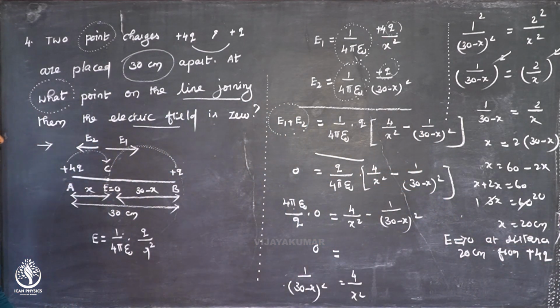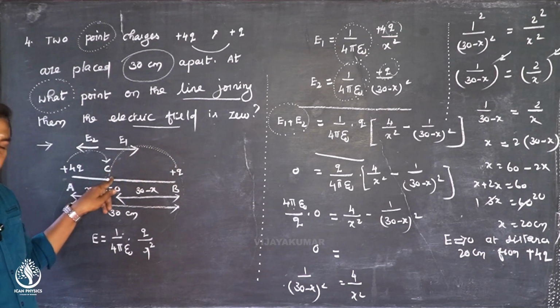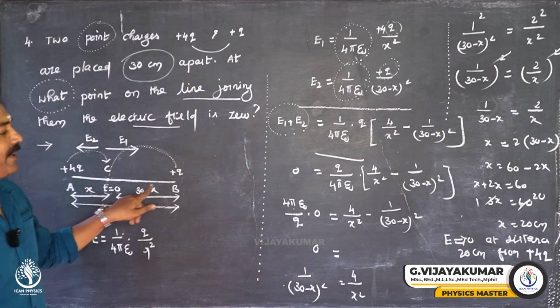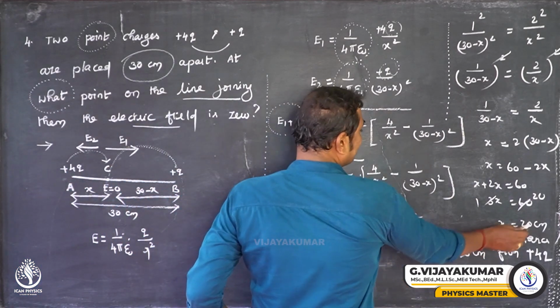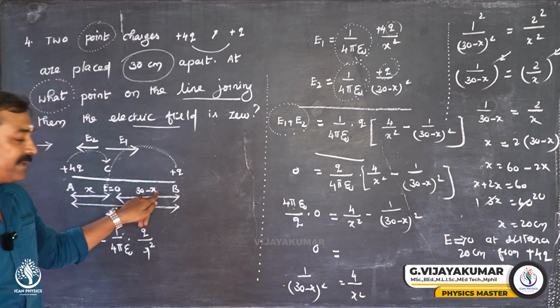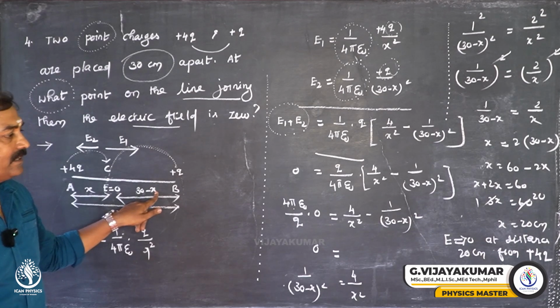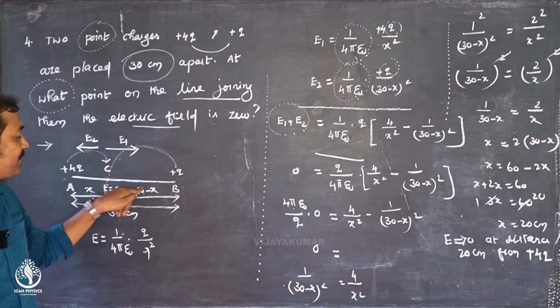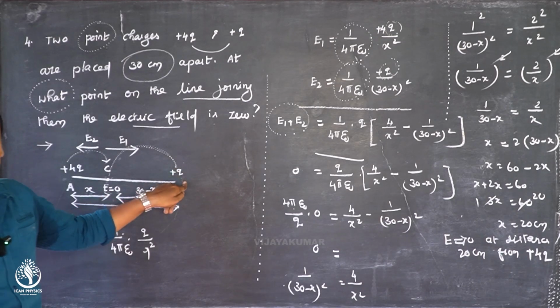On the other hand, from the plus q the distance is 30 minus x. X is 20, so 30 minus 20 is 10. So the electric field becomes 0 at a distance of 10 centimeter from plus q charge.